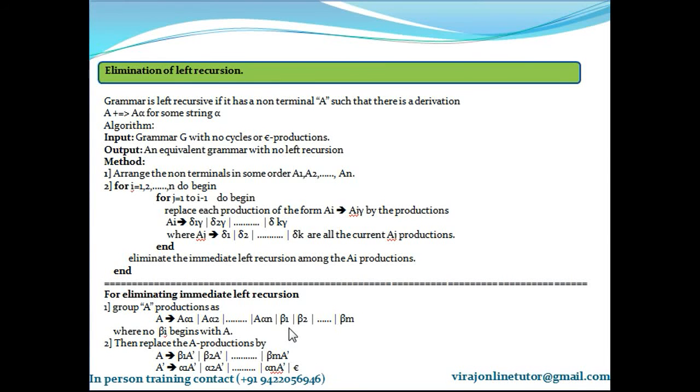A gives beta 1 A dash or beta 2 A dash or beta 3 A dash till beta m A dash, and A dash is equal to alpha 1 A dash or alpha 2 A dash till alpha n A dash or epsilon. So you have to replace this with these productions. By this the direct left recursion goes away.